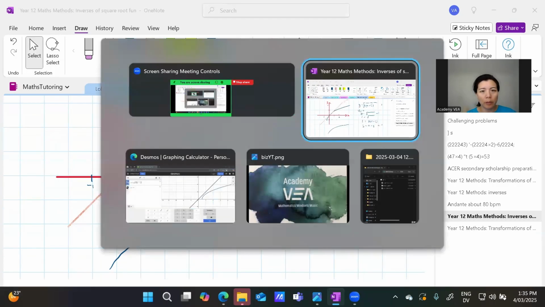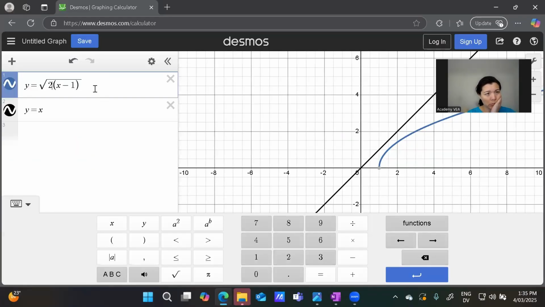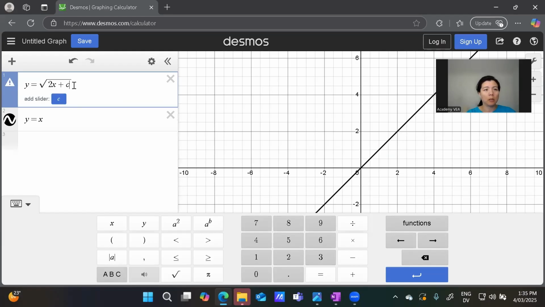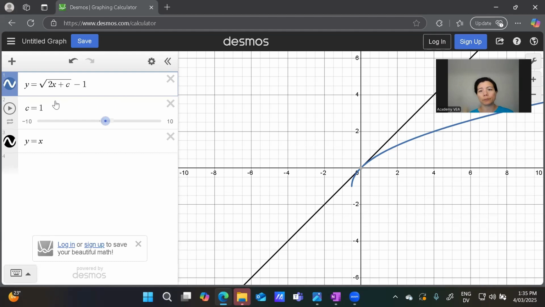Now, it's easier to see this with a calculator. So I'm going to pull up my Desmos and put in a C slider. And I'll put in the actual graph, 2x plus c minus 1. Add a slider for c. And you can see that c equals 1 corresponds to having the origin or the intercepts coincide.